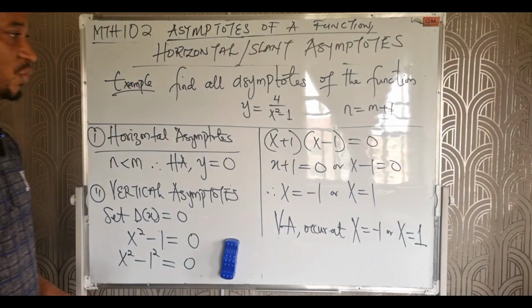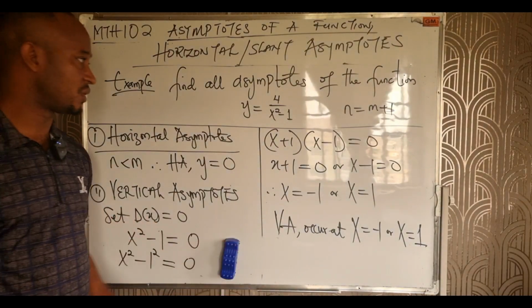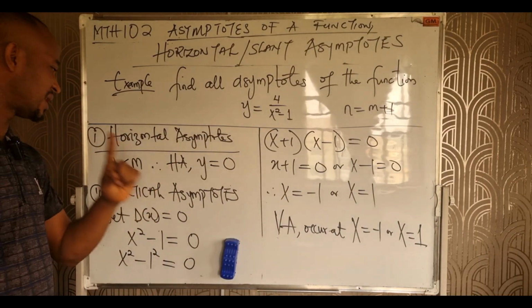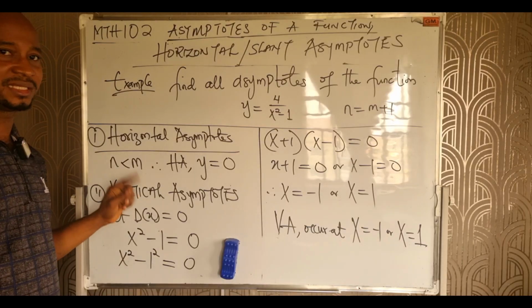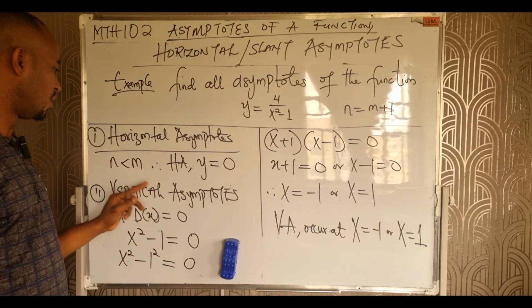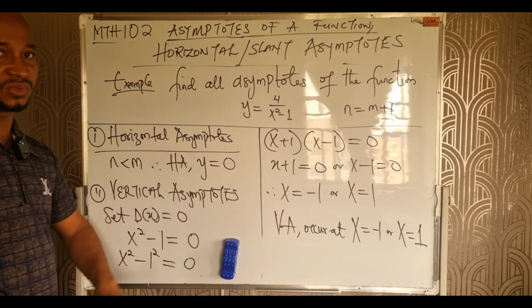This is the point at which vertical asymptotes occur for this function. But don't forget that there is no horizontal asymptote because n is less than m. Like I said, please go back to the previous video I did on vertical asymptote for clarity.